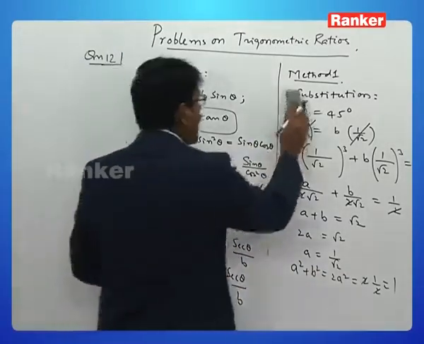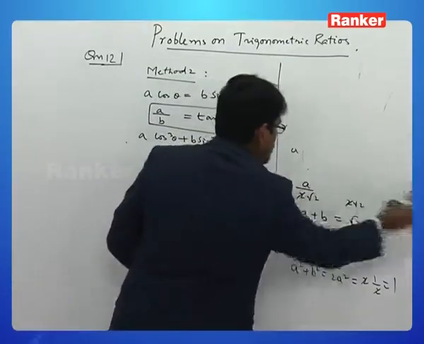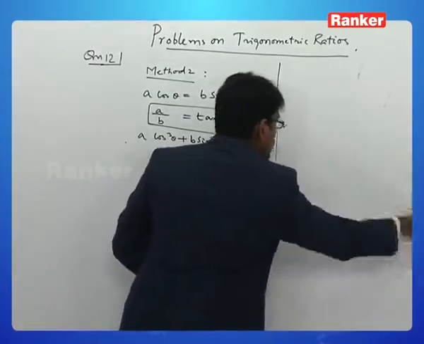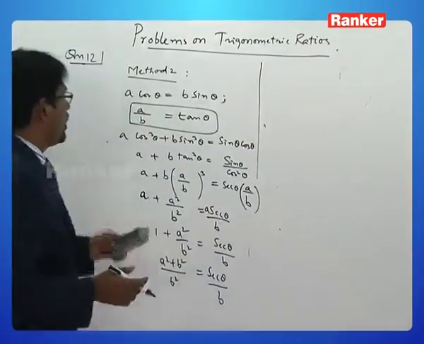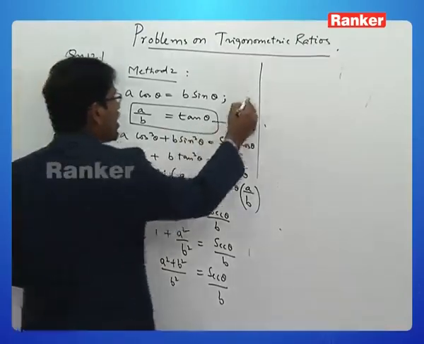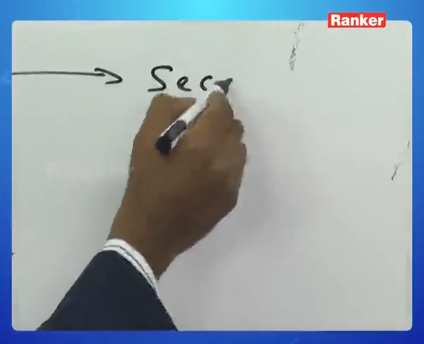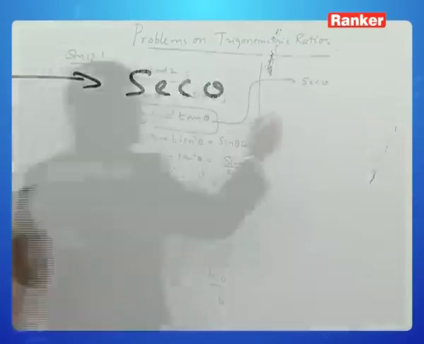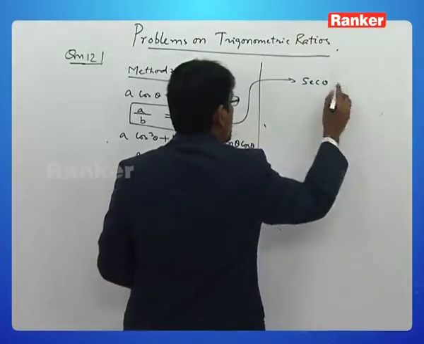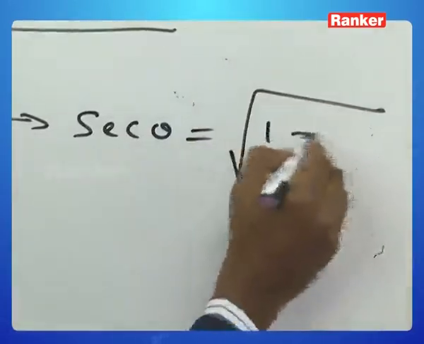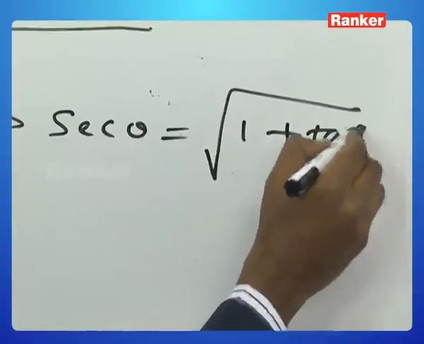Now let's come back from here. What is secant theta from here? What is secant theta? 1 plus tan square theta under root.